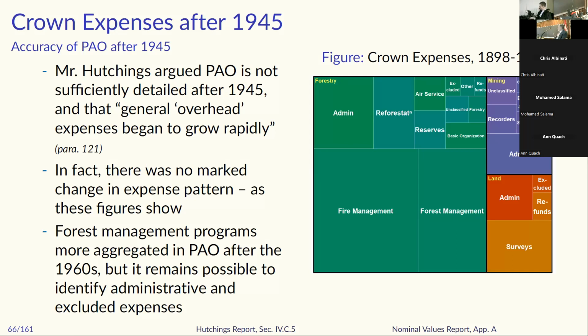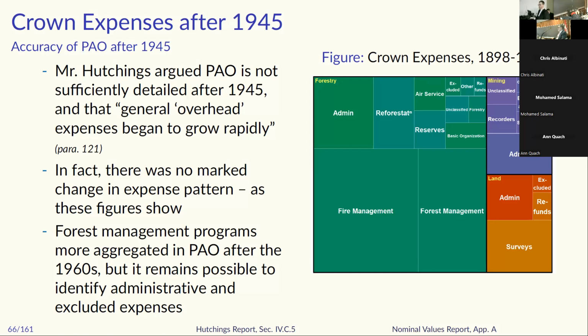In other years, fire management would be subsumed within the forestry branch expenses before 1943. And in those cases, I don't know what portion of forestry branch, even before 1943, was fire management, what was other such forestry-related functions. And so I categorize all of such spending on forestry branch as forest management.